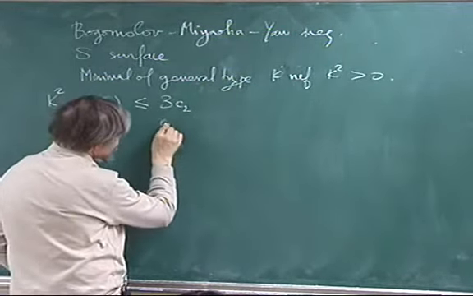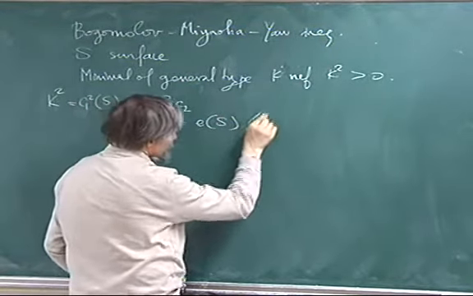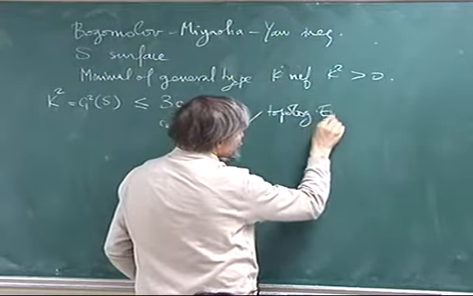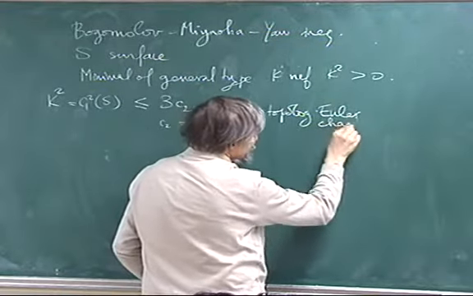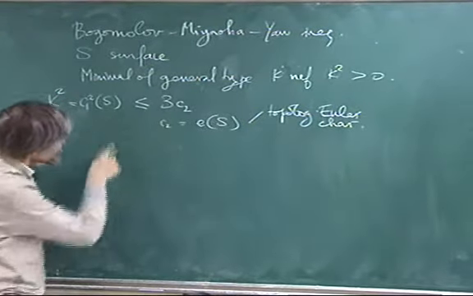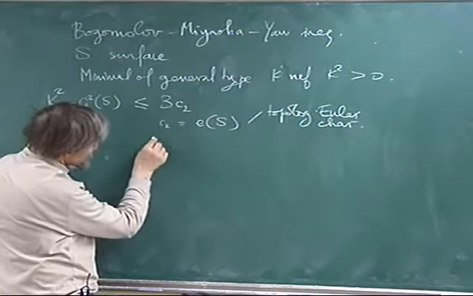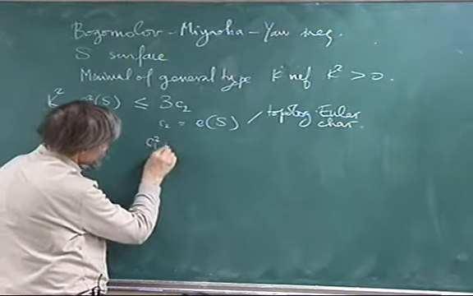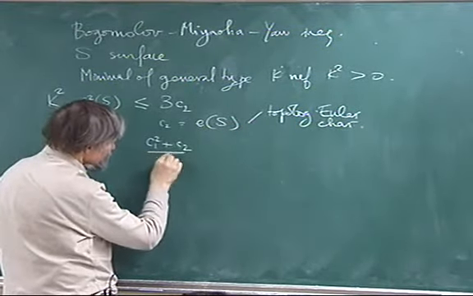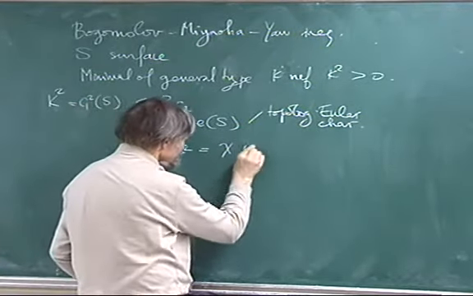So C2 is the topological Euler characteristic. And if you want to think of this not in topological terms, but in terms of holomorphic algebraic geometry, C1 squared plus C2 over 12, this is the first Todd class, is chi of OS.